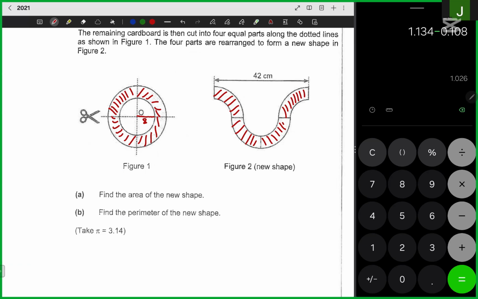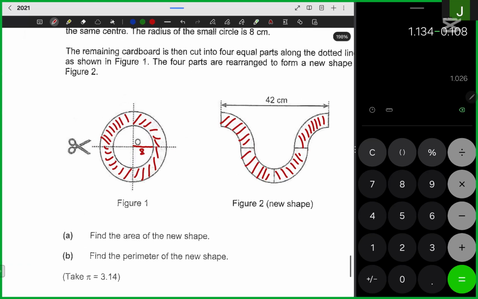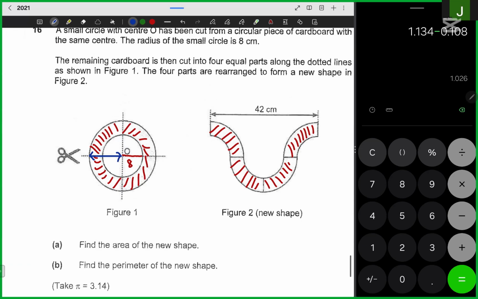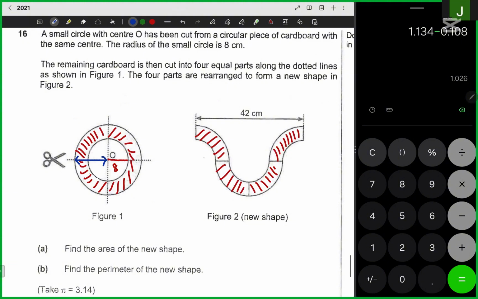But then we have a little bit of a problem. We know the radius here is 8, but we do not know the radius of the big circle. Let's find out. Since this is the small circle, this is 8, this is 8, this is 8, this is 8.